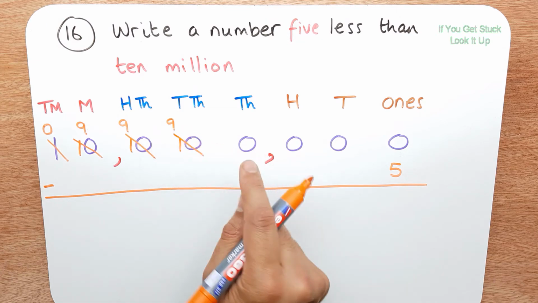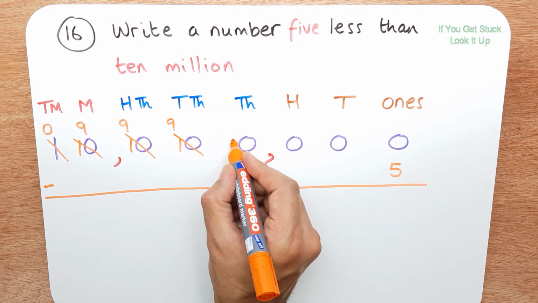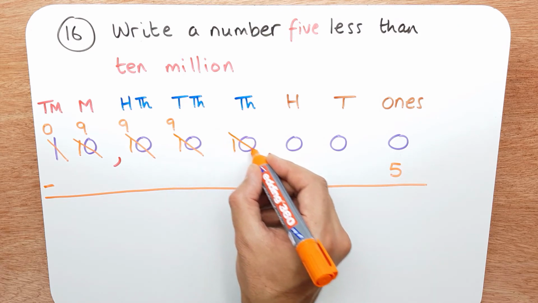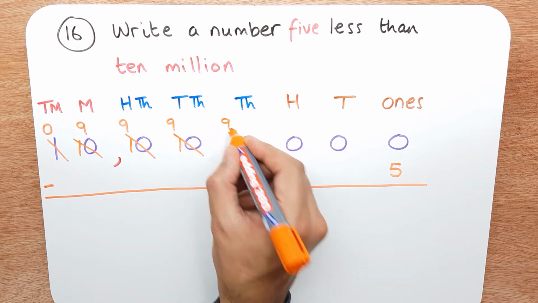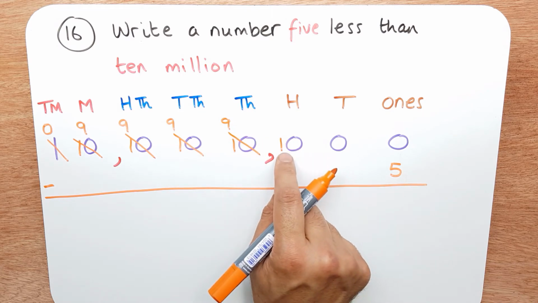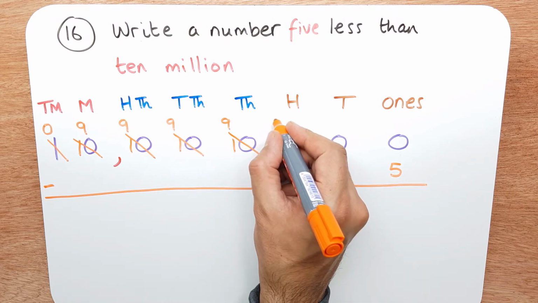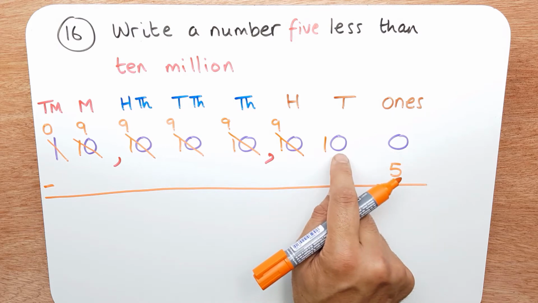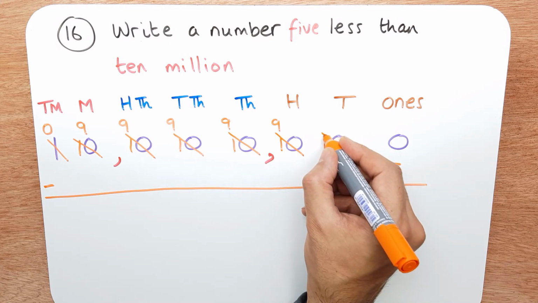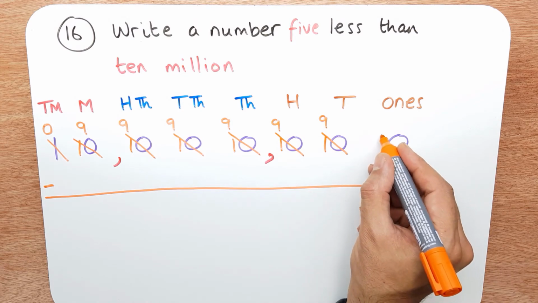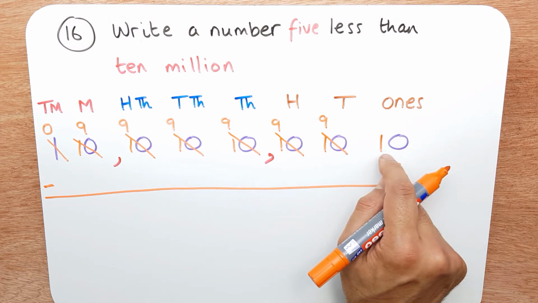And we keep doing that until we get to the bottom. So that becomes a 9. That's borrowed 1. That 0 becomes 10. Exactly the same. Now this 0 can borrow 1 from this 10. Cross that out, it becomes a 9. That 1 we've borrowed turns this 0 into a 10.